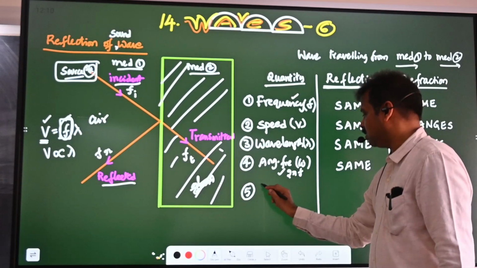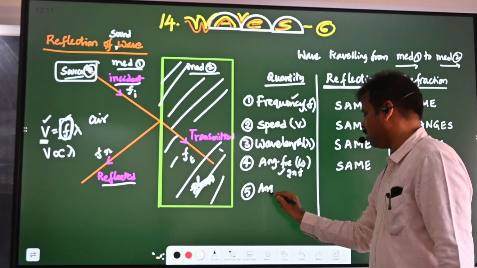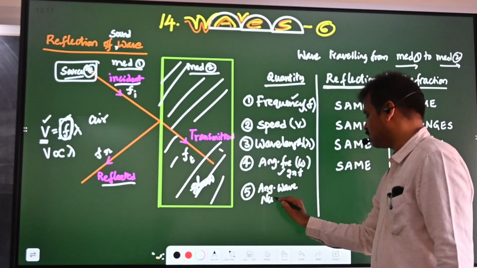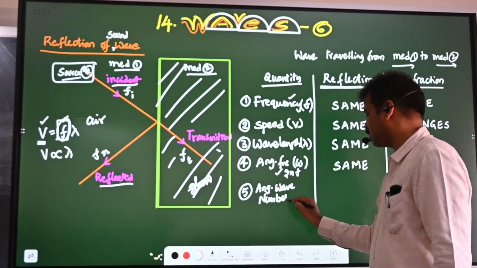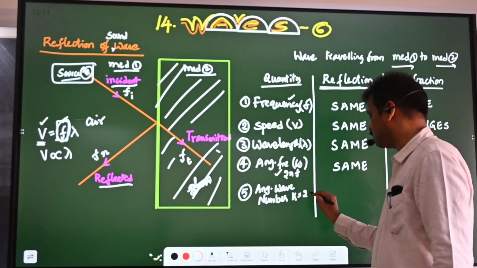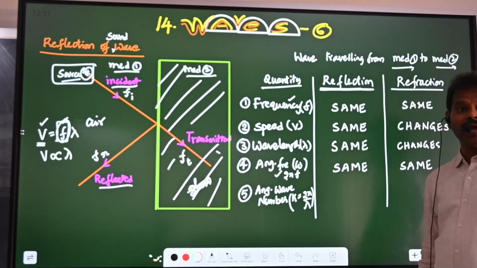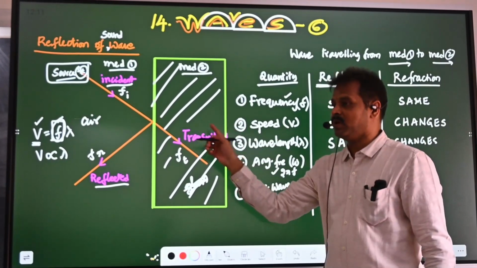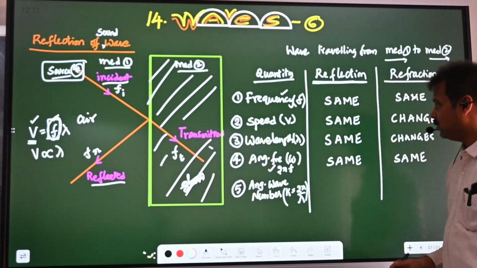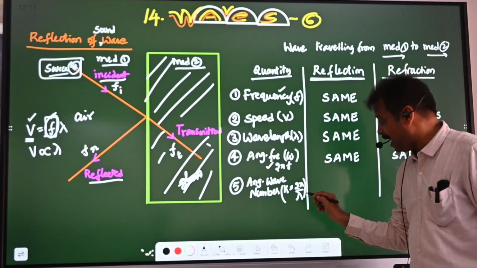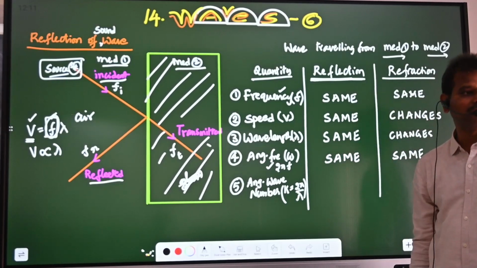Fifth one, propagation constant, also called angular wave number, K. K is 2 pi by lambda. Now tell me, what happens to K value when light travels from one medium to another medium or reflects back? First of all, 2 pi is constant. As lambda changes, K also changes like that.